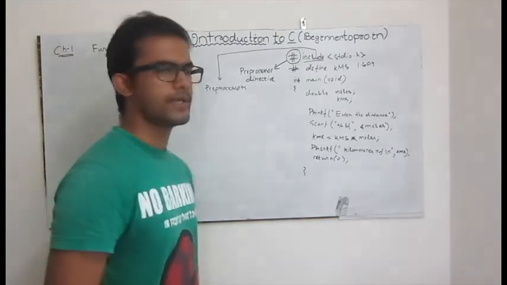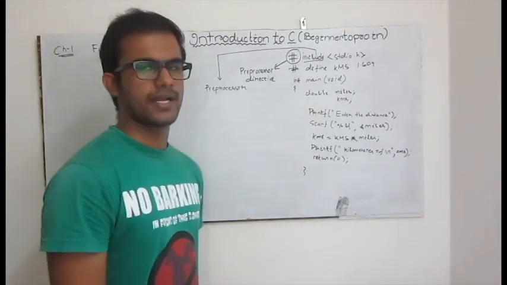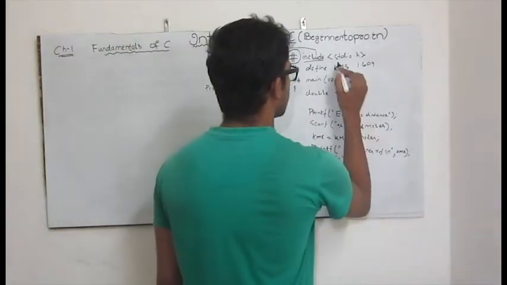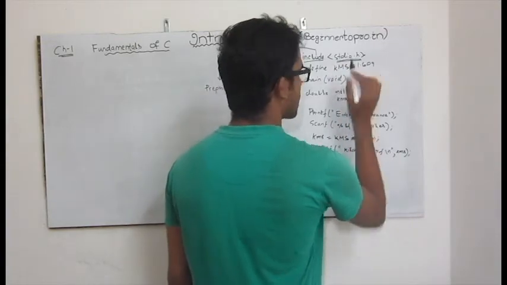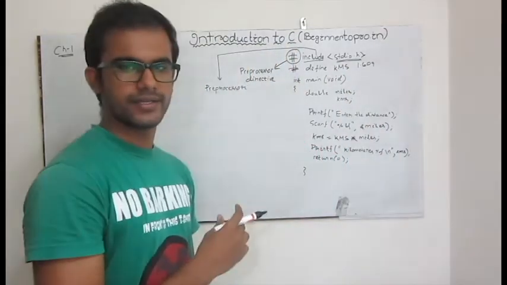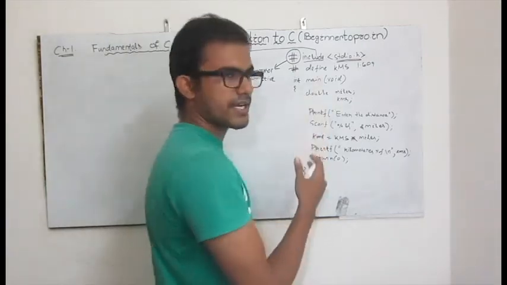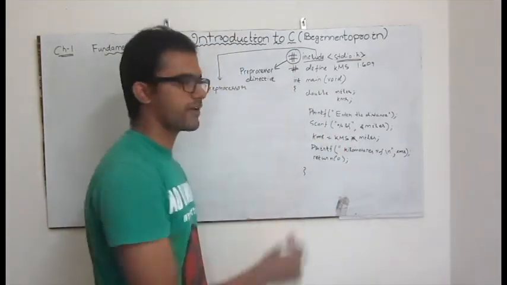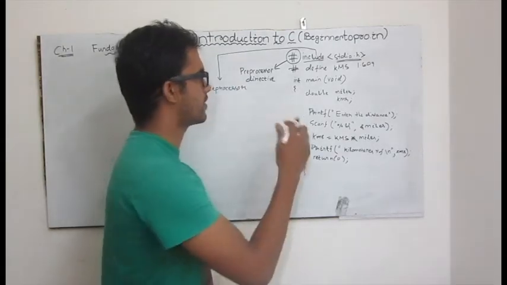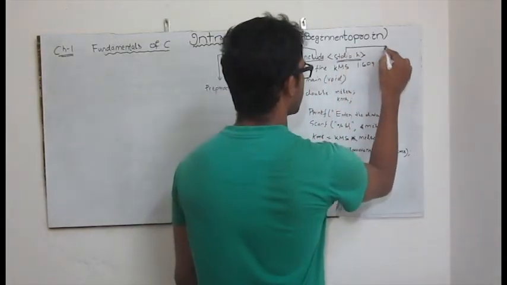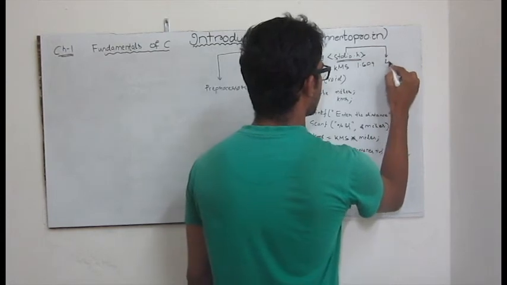Then we focus on what these library files are. These are the library files which are already predefined in C. You can check by installing an IDE and looking for stdio.h, where you will find stdio.h as a library file.